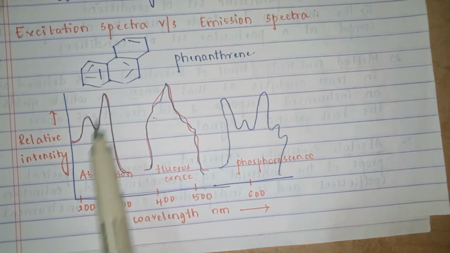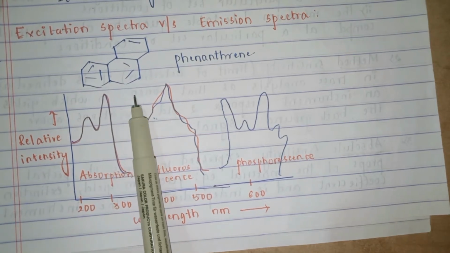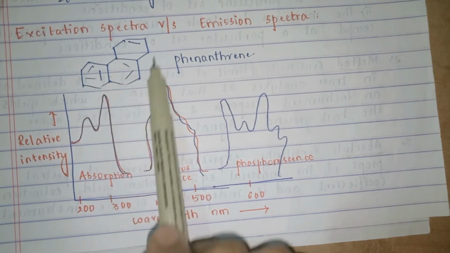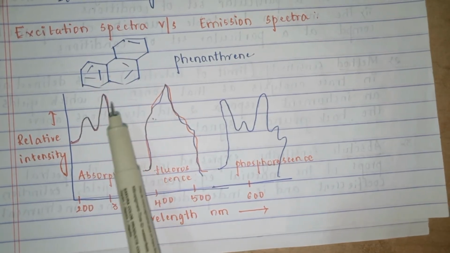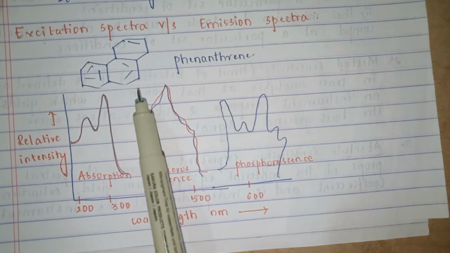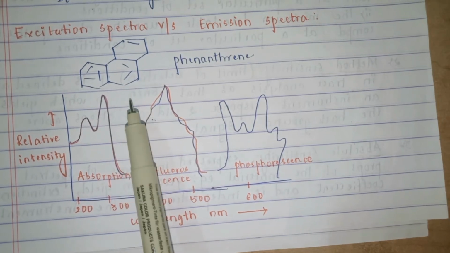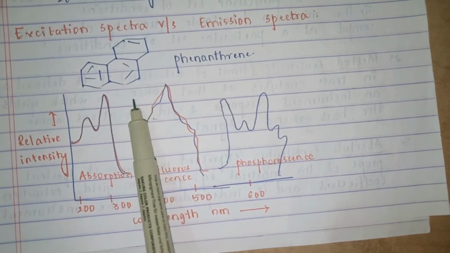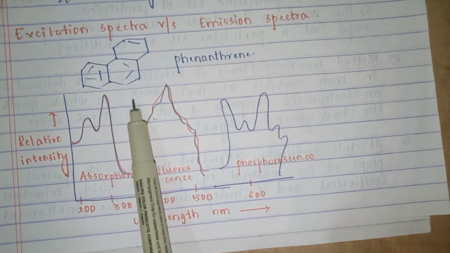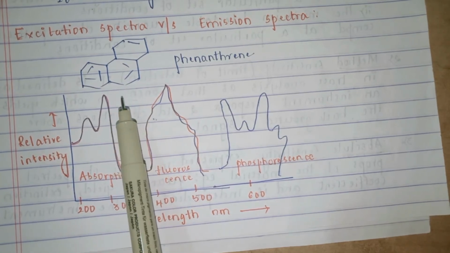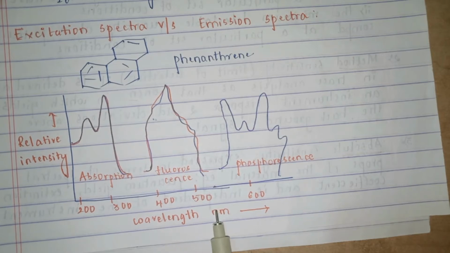But look, this molecule is definitely going to fluoresce because of the presence of conjugation in the system, that means many resonating structures. The structure is also rigid, so obviously the structural rigidity also plays a role. When it is fluorescing, look at the wavelength, it is between 400 to 500.